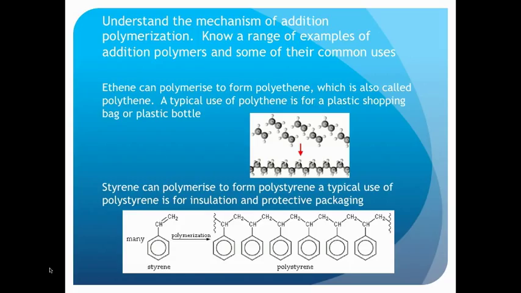Styrene is made into an addition polymer called polystyrene. Notice it's basically the breaking of a double bond, but this double bond is attached to a benzene ring, rather than just another hydrogen.